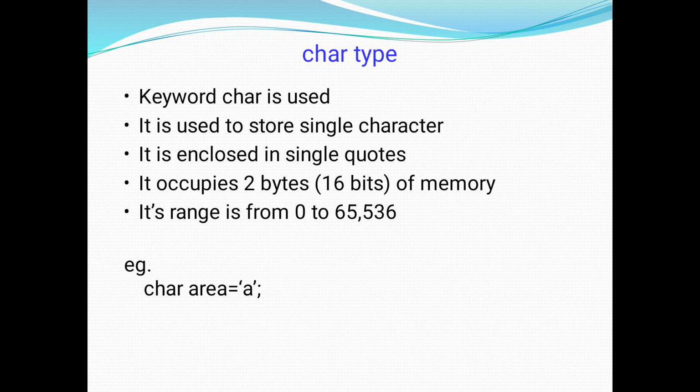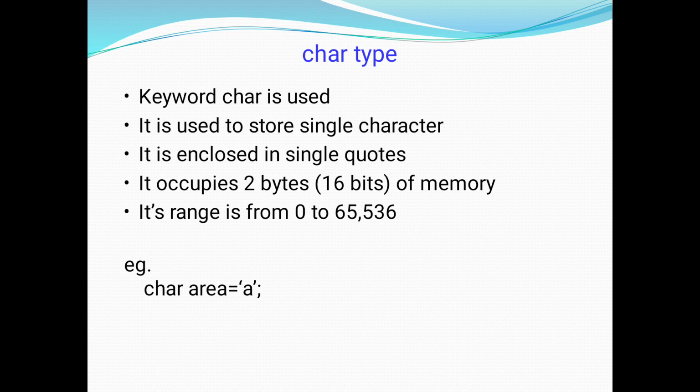Next we can see about the non-numeric data types. They are used to store values that are not numbers. They are classified into 2: character and Boolean types. First we can see about character. The keyword char is used to declare a character data type. It is used to store a single character.